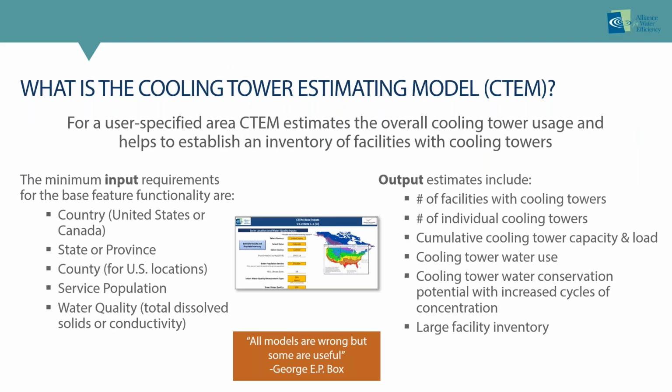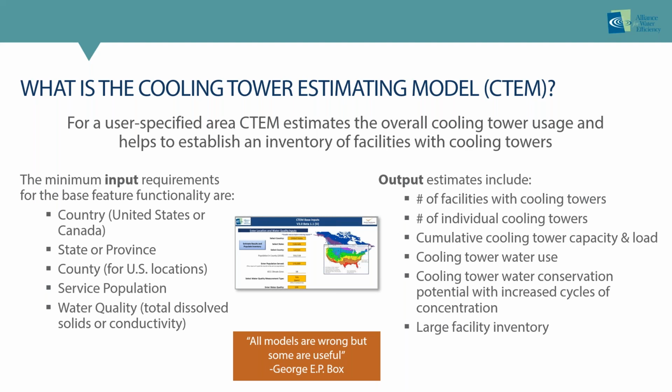Here's a little bit more about CTEM. So the main model here, the beautiful thing about this is it requires very few inputs to get started. It generates an auto-populated list of large sites, so coming from some national databases, and then it estimates based on a regression model the number of additional commercial sites and the cooling towers that might be in place there. Then there's a module for you to add your own data and to keep refining all of the estimates.